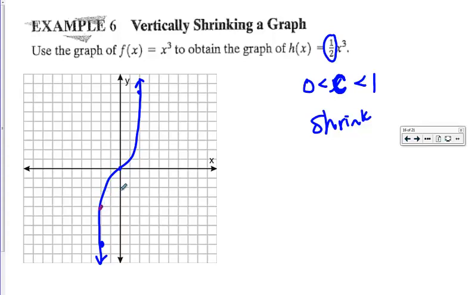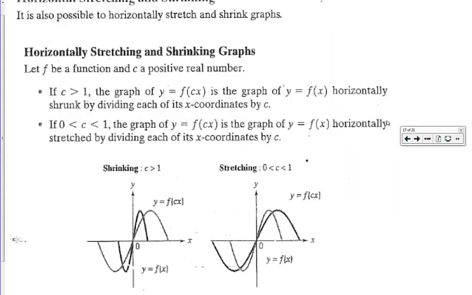It's really hard to see this with my poor sketching skills. Same thing here: 0 times 0 still gives me 0. (2, 8) is instead going to be (2, 4) right here. So this one looks like it's the exact same, but it's really not. You can do that on your calculator to be able to see the actual graph difference.